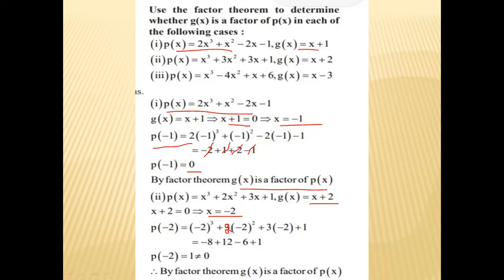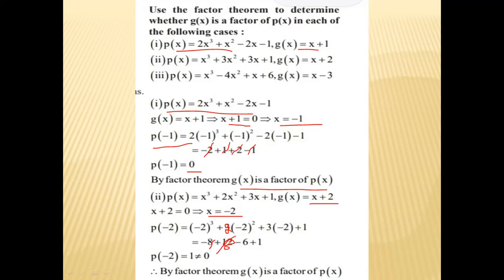Therefore minus 2 whole cube is minus 8, plus minus 2 into minus 2 is plus 4, 4 2s are 8, and plus 3 into minus 2 is minus 6, plus 1. Plus 8 and minus 8 is cancelled.